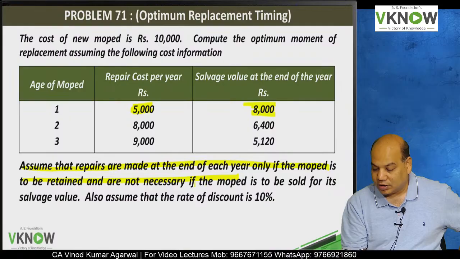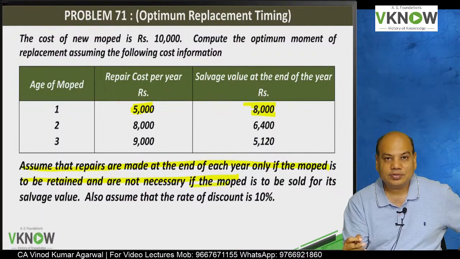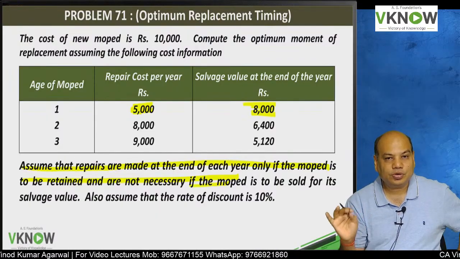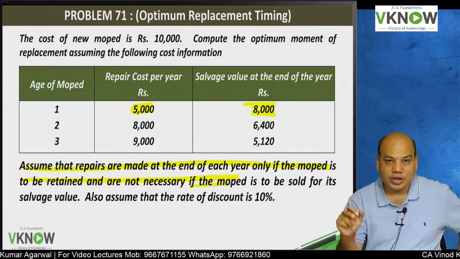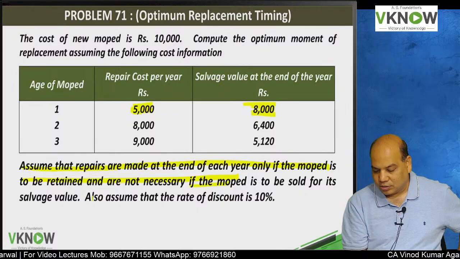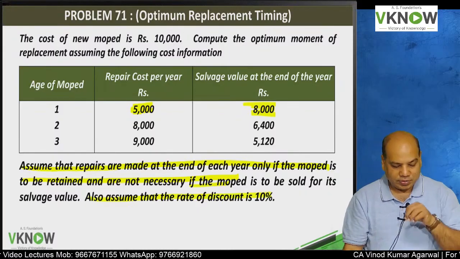But if this line is there that you are going to incur repair cost only if you have to retain it, then don't incur repair cost today if you don't want to retain it. If you want to retain it for the next year, then incur the repair cost today. And to help you compute present value, the discount rate is 10%.